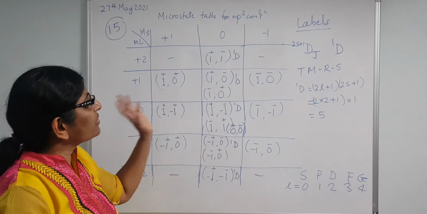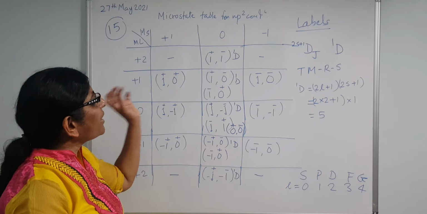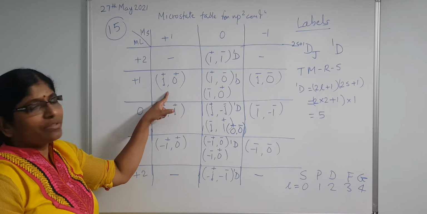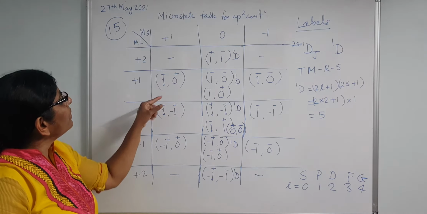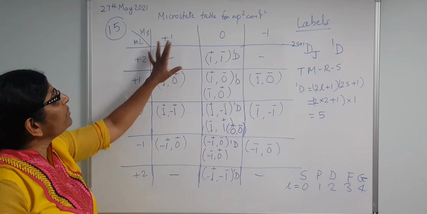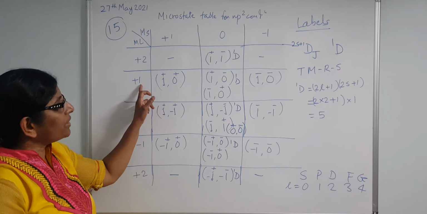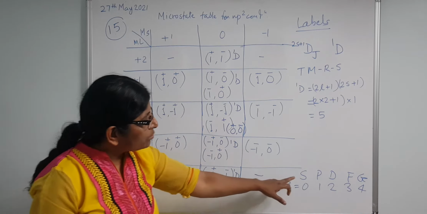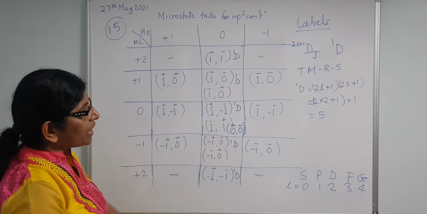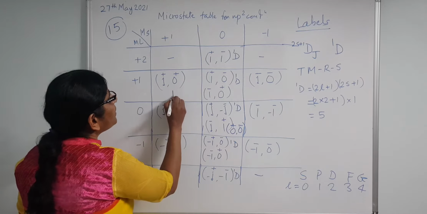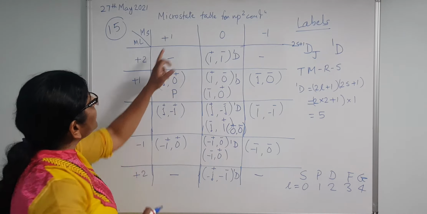Now we have to see which is the next unlabeled microstate. After this we have 1 and 0, so ML is equal to 1 and MS is also 1. What symbol will come? 1 plus 0 is 1. If L is equal to 1, the symbol is P, and S is equal to 1.